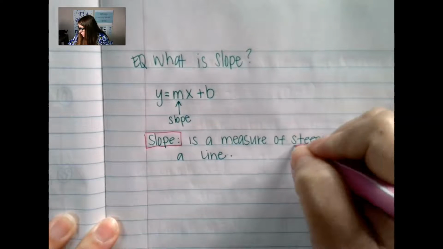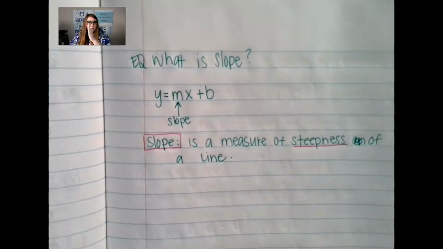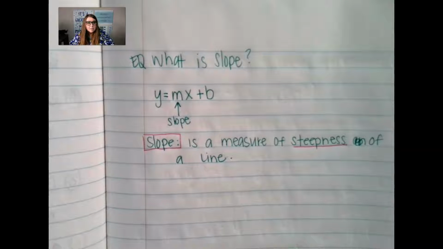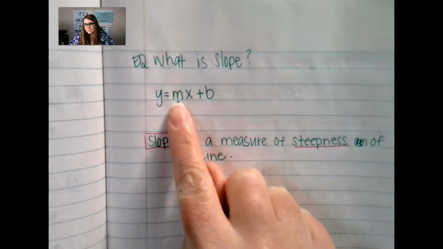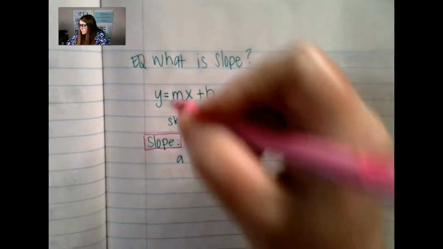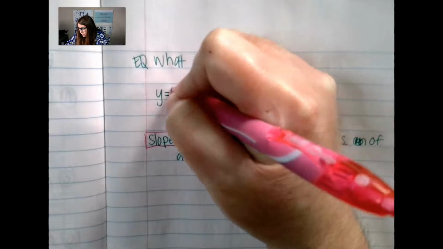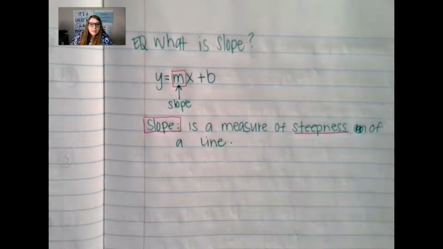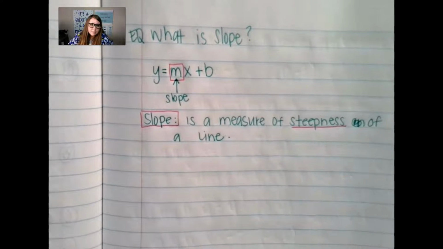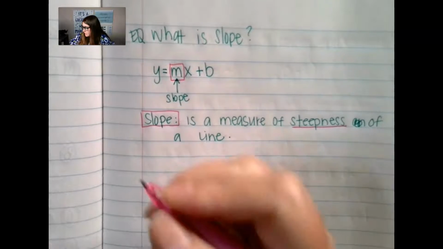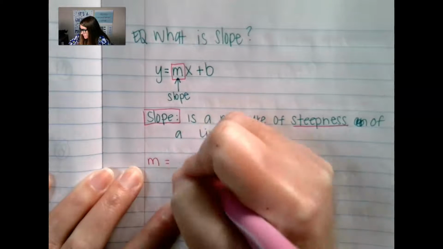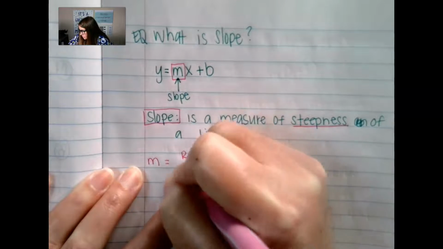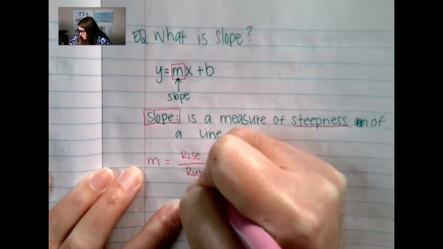Some lines are steeper than others. Their incline is steeper. Some are more horizontal in their steepness. So when we're looking at slope, this m will tell us how steep the line is going to be. All right, so m is the rise over the run.